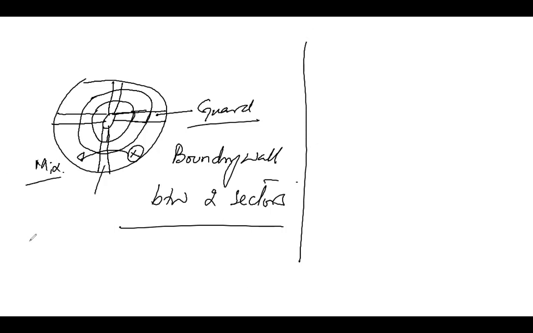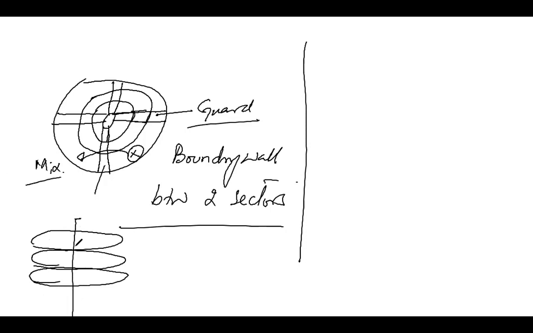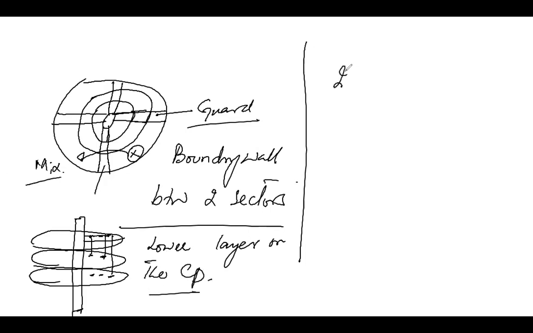Similarly, if you store data in multiple layers on a CD, like the 3 layers we have in a DVD, then through these boundary walls between different sectors, you can access the lower layer of your data.